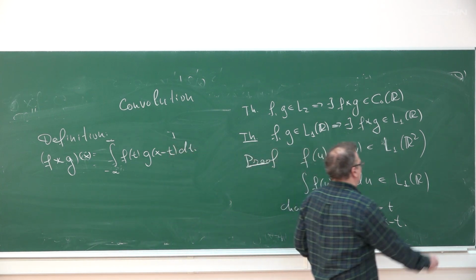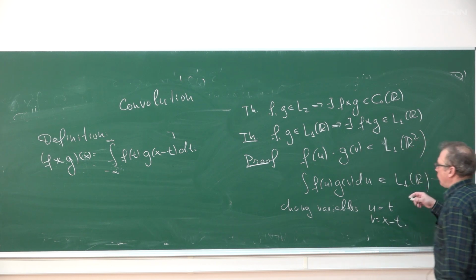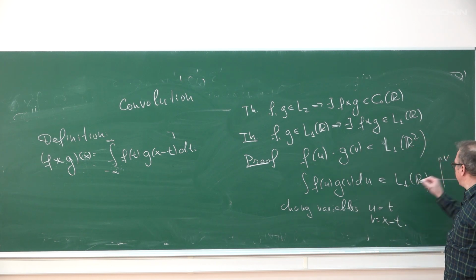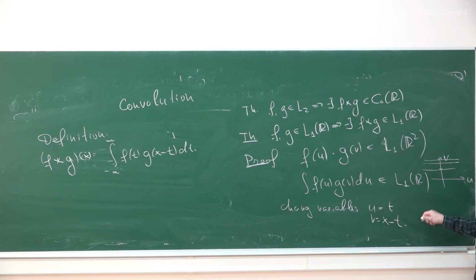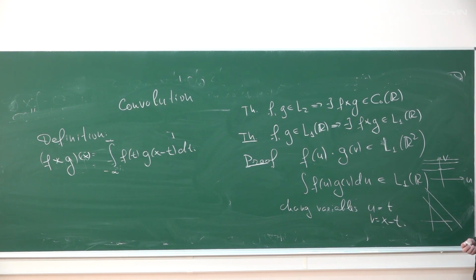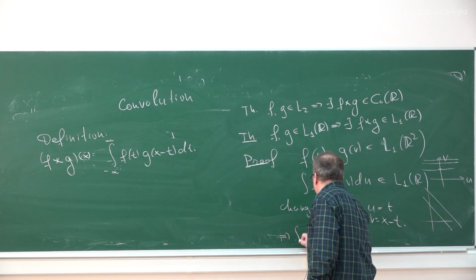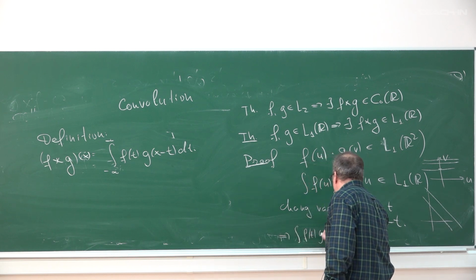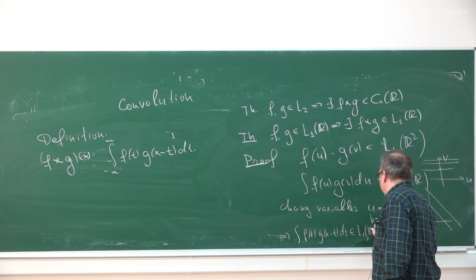So here, for example, was u, v; for any fixed v, you integrate along this parallel set of lines. But here you can change variables and integrate in one direction, so in the other direction it is in L1. So from this we conclude that the integral of f(t) g(x minus t) dt belongs to L1.